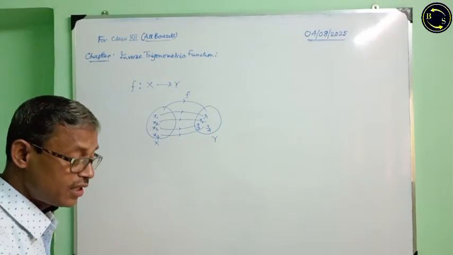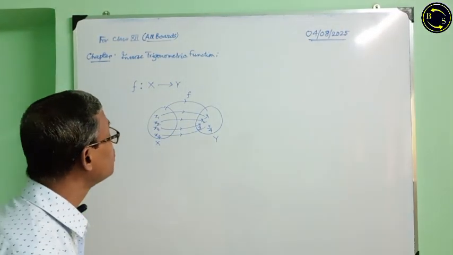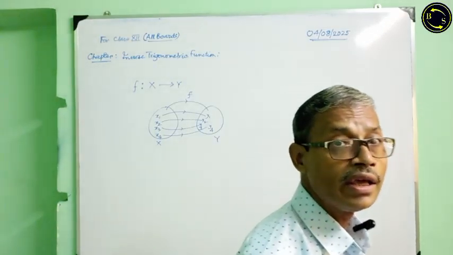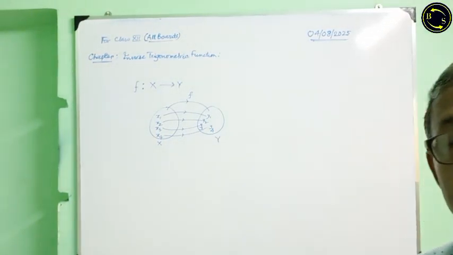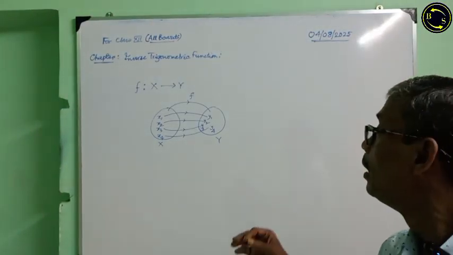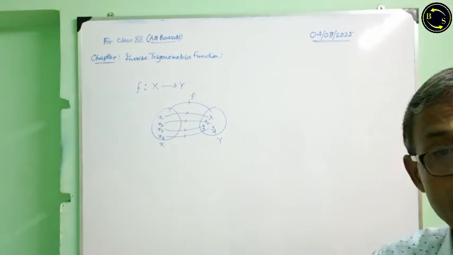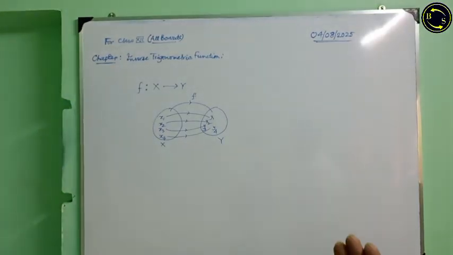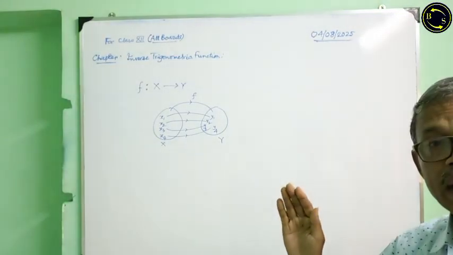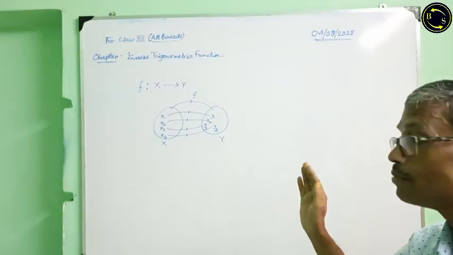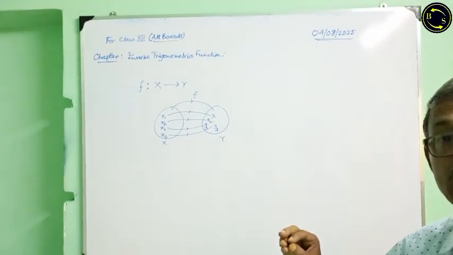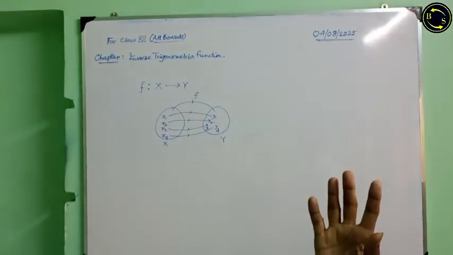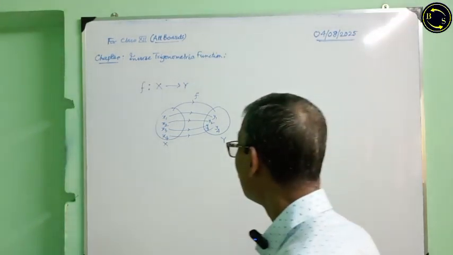Then f is bijective, and in case of bijective we consider the inverse function denoted by the symbol f inverse, which associates every y of set y to a distinct x in set x.